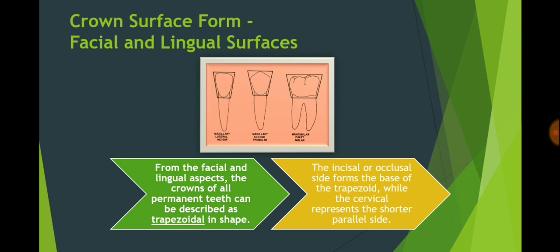The incisal and the occlusal sides form the base of the trapezoid. When they ask, the shape is a trapezoid, where is the base? The base is at the incisal or occlusal side, while the cervical represents the shorter parallel side.